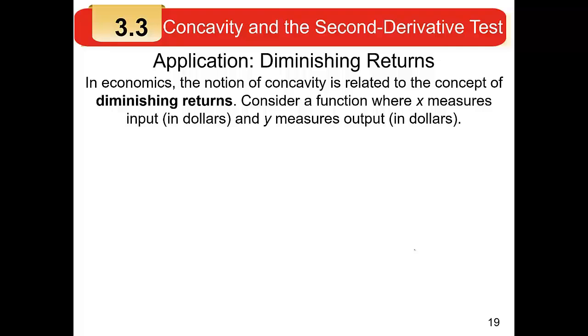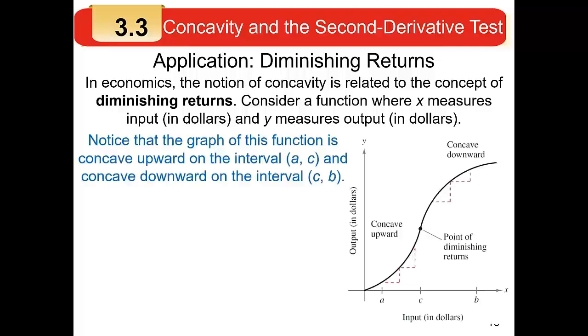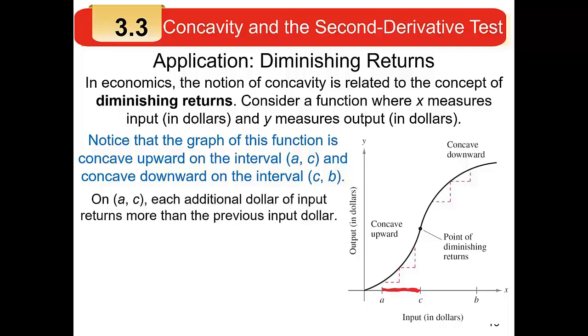If we think of a function where x measures some input in dollars and y measures some output in dollars, if you draw a graph of that function and you see concavity upward to the left of a point and then concavity downward to the right of a point, in other words, an inflection point where the concavity is up on the left of it and down on the right, that's an indication of a problem that will have an answer in terms of diminishing returns.